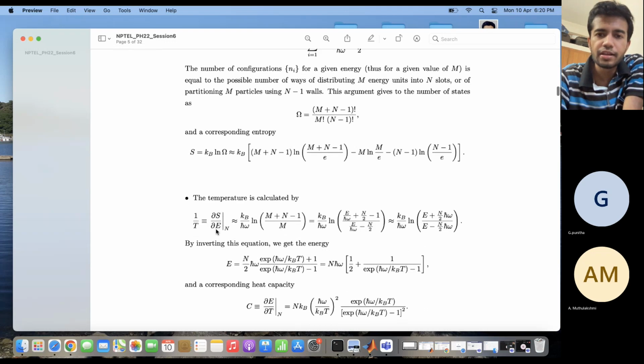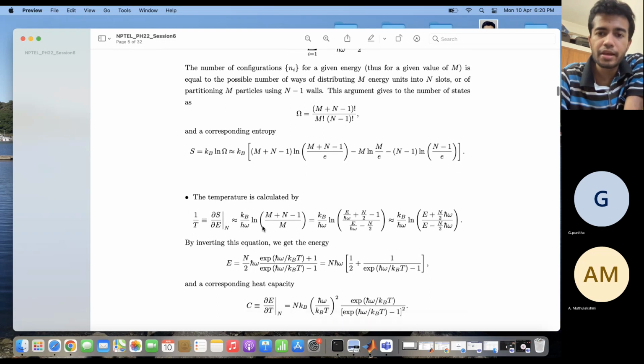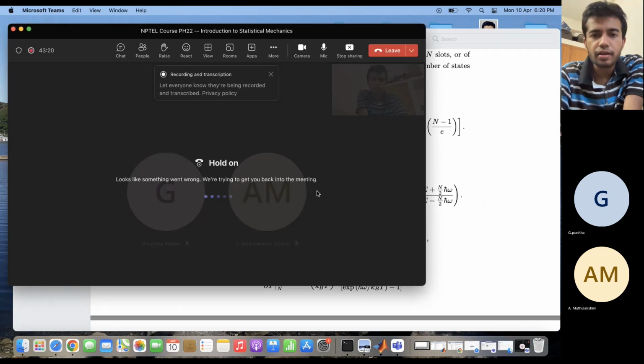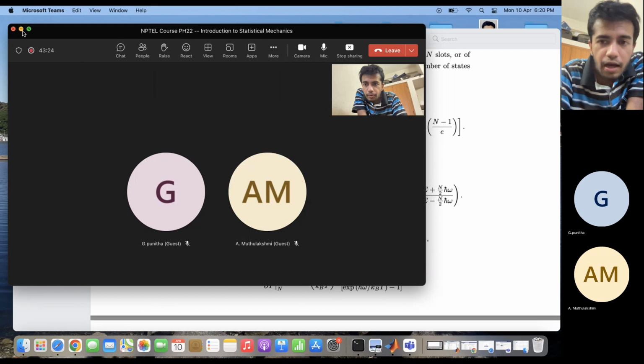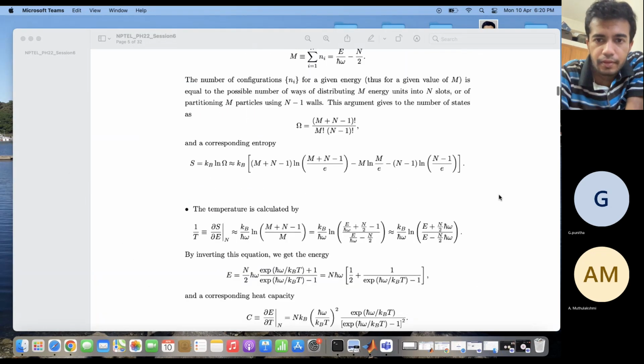So if I do del S by del E, it is nothing but 1 by H cross del S by del M. And if I do del S by del M of this quantity, I arrive at this expression. So I substitute the expression of M which I had obtained over here.